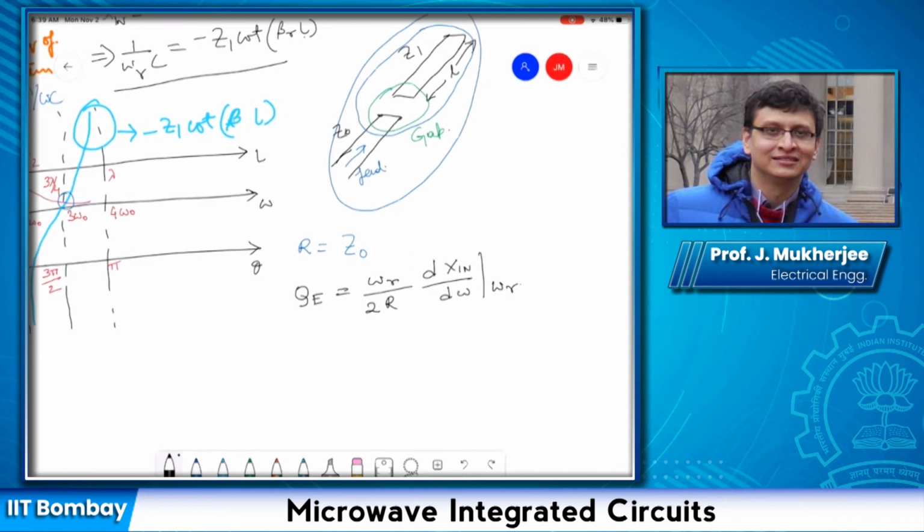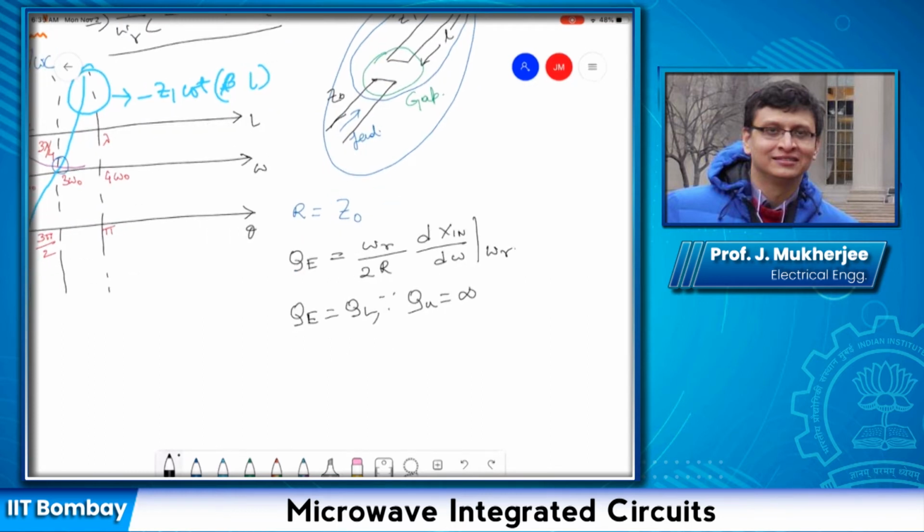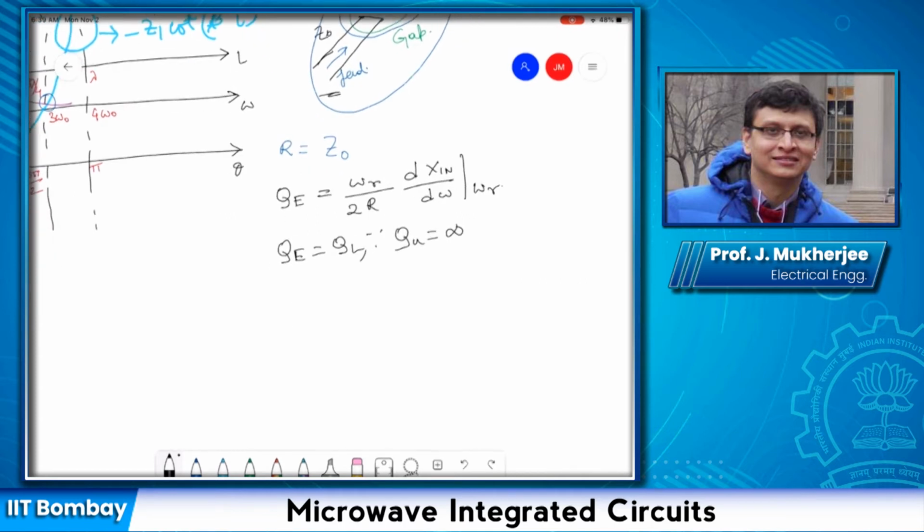Here QE is equal to QL, since QU is infinite, the resonator itself being lossless. The load is again provided by the feed line itself; the characteristic impedance of this infinitely long feed line can be considered as the load. Now let us try to evaluate that.